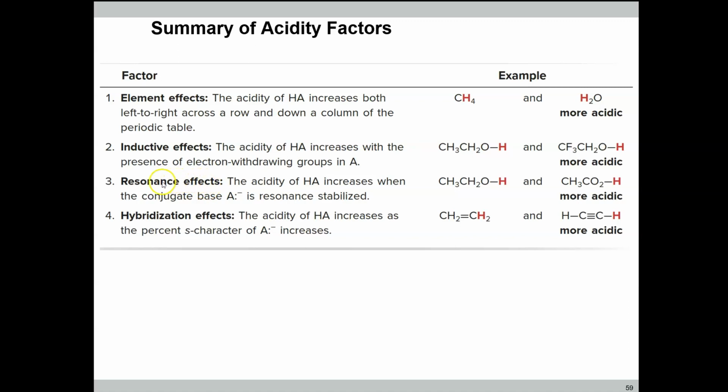The resonance effects are oftentimes also stabilizing conjugate bases. And then the hybridization, in that sense, we're talking about single versus double versus triple bonds, to help with increasing acidity and distributing that negative charge in our conjugate bases. So just some different ways to look at acids and bases.